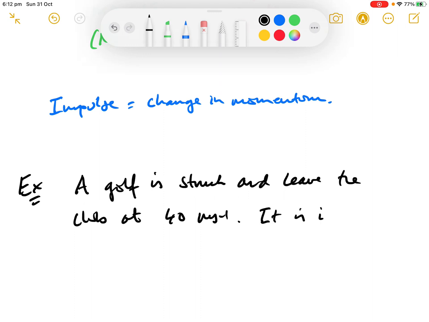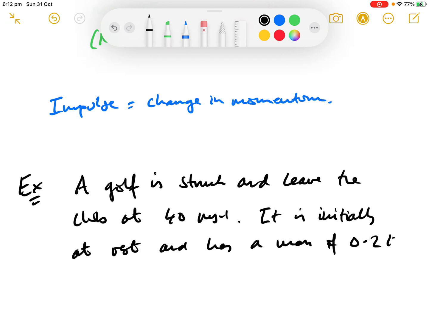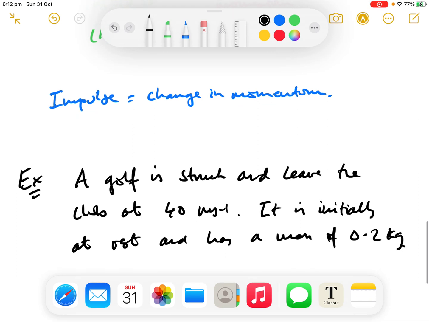It is initially at rest and has a mass of 0.2 kilograms.